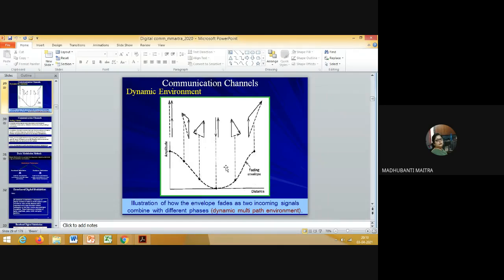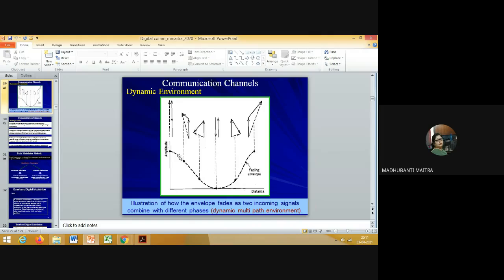Anyway, this envelope, if you want to model this amplitude, and see at which particular point cancellation will take place, at which particular point these two signals will perfectly add up, this is absolutely random in nature. So this kind of distribution of amplitude received by the mobile unit is modeled by a random variable x, and this phenomenon is modeled with the help of Rayleigh distribution.